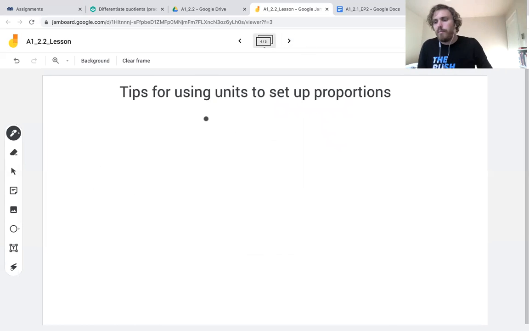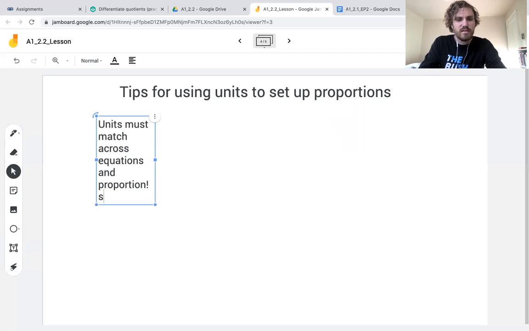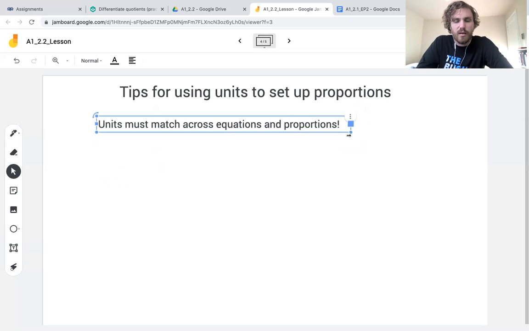Okay, so what about units? The tip that I want to say here is that units must match across equations and proportions. This I did not really learn or figure out until maybe college sometime.